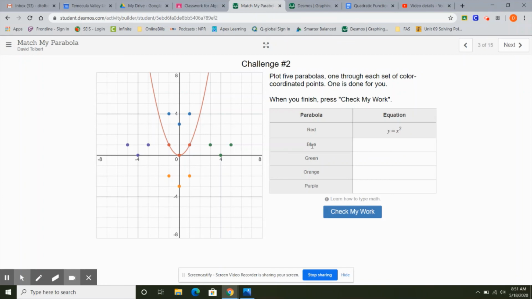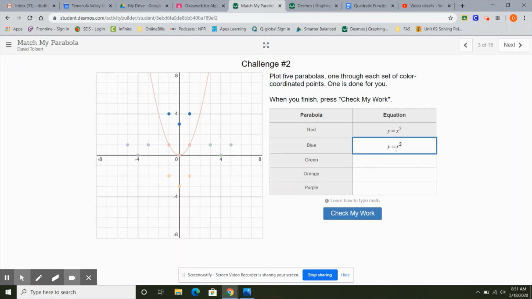And so, for example, the blue, let me see if I can just play with it and see what I can do. So x squared, let's say, plus 4. Let's check my work. So I went a little too high. It looks like it's not on 4, it touches on the 3. So I'm going to bring it down to 3 and check my work, and there it is.